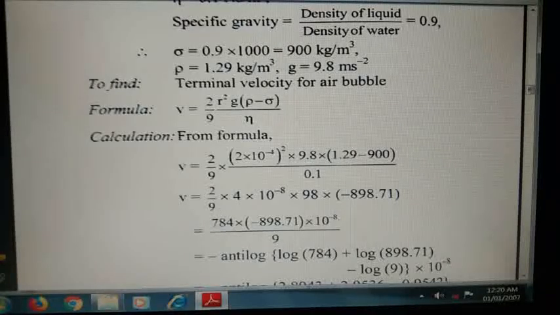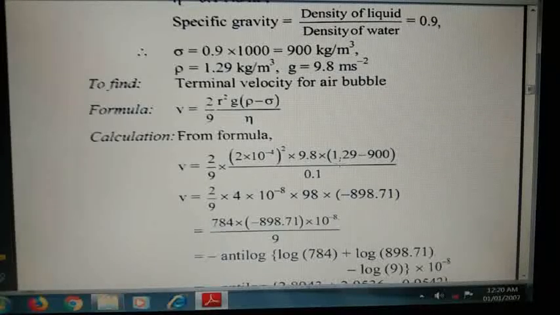When we substitute this, we get 2 by 9, 2 square is 4, 10 to the power minus 4 square is equal to 10 to the power minus 8.